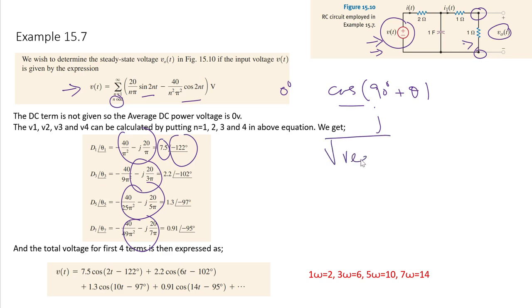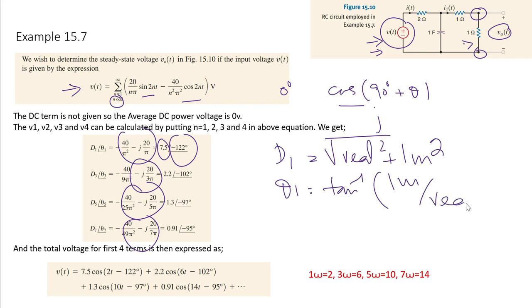We use the square root of real square plus imaginary square to get our magnitude d1, and then theta 1 is the tangent inverse of imaginary by real. So we repeat this step after putting n equal to 1, 3, 5, 7.